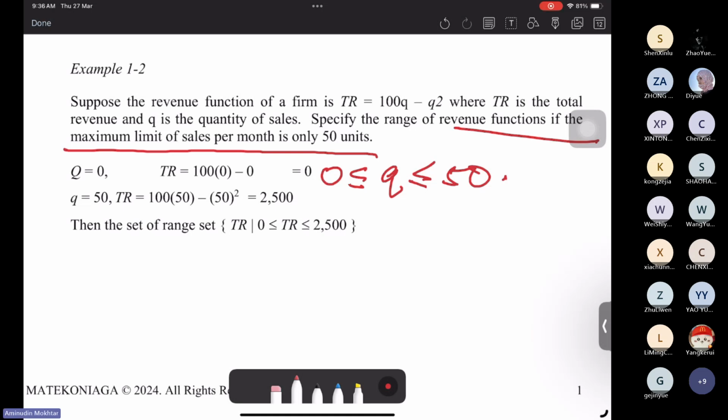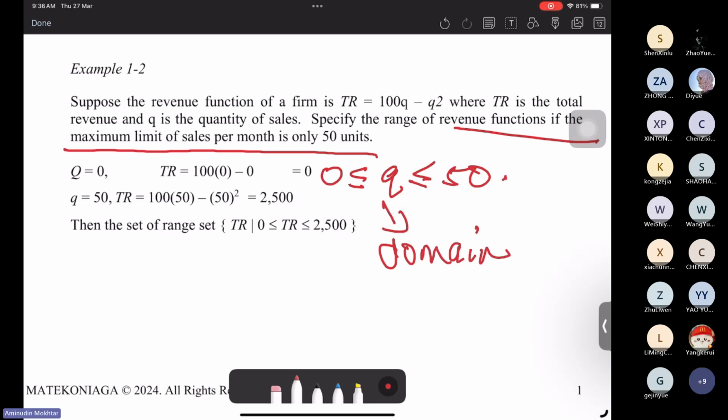Okay. So the question asks about the range of the function, and now we know the value of Q. The value of Q must be positive and not greater than 50. The value of Q is between 0 and 50. This is the domain actually.